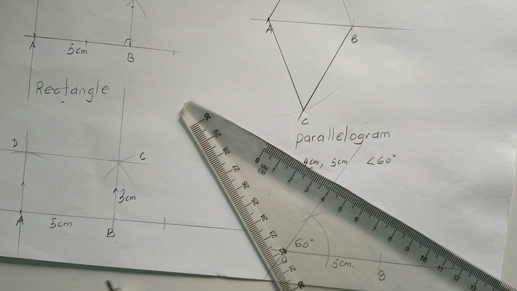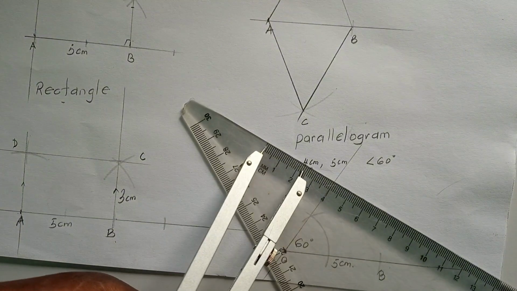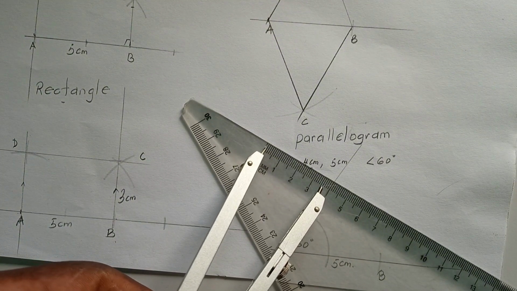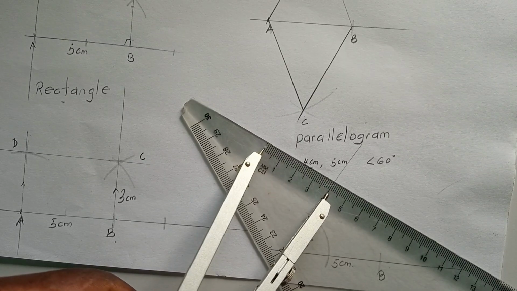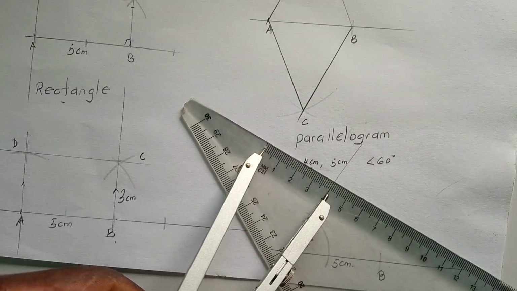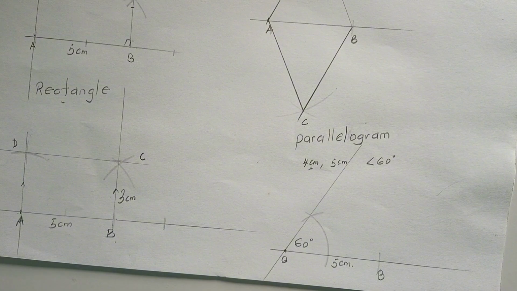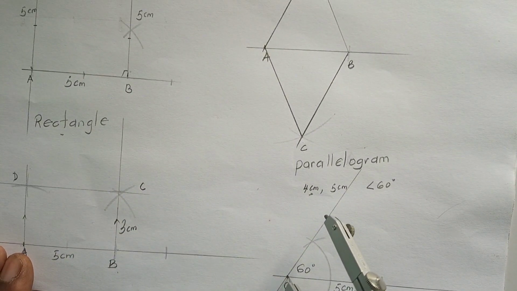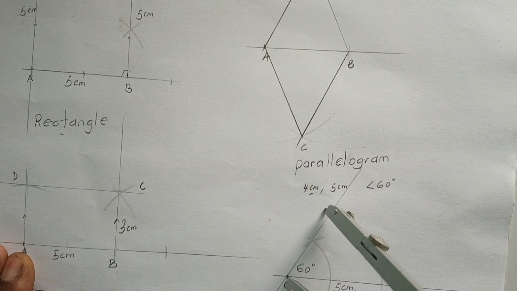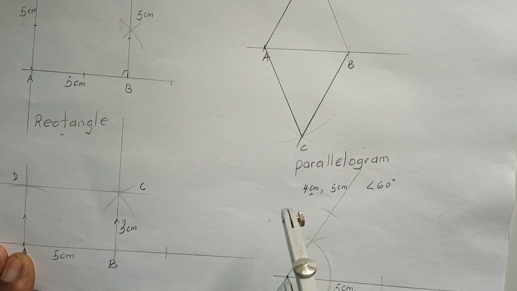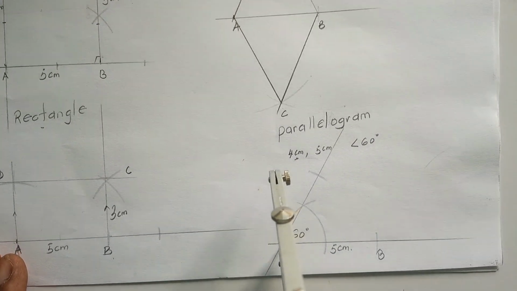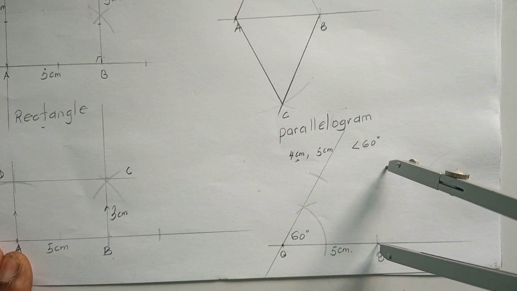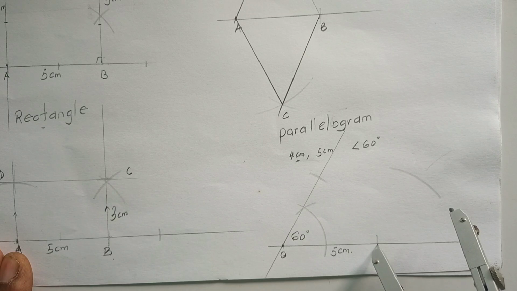From there, I measure 4 centimeters like that. I transfer my 4 centimeters here. I strike an arc there for 4 centimeters. Without adjusting our length, I transfer it here. I strike 4 centimeters.